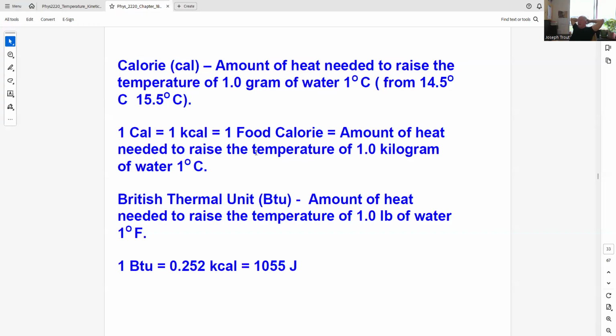So it's the amount of heat needed to raise the temperature of 1 kilogram 1 degree C. We also had the British thermal unit, the amount of heat needed to raise the temperature of 1 pound of water 1 degree Fahrenheit. And 1 BTU equals about 0.25 kilocalories, or 252 calories, or 1,055 joules.